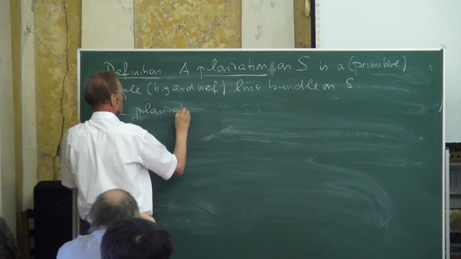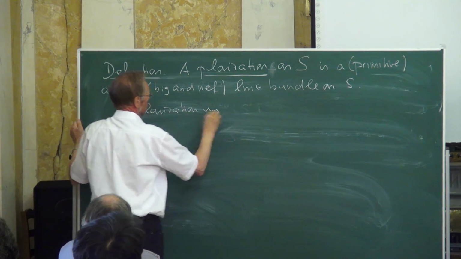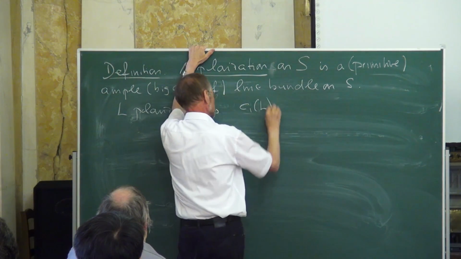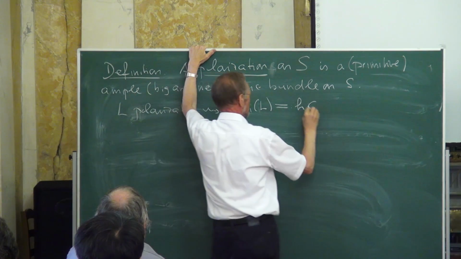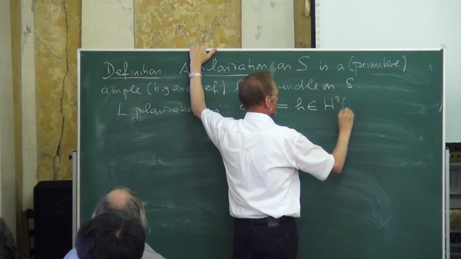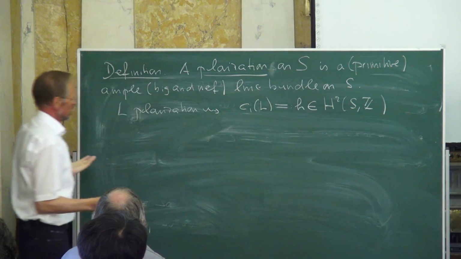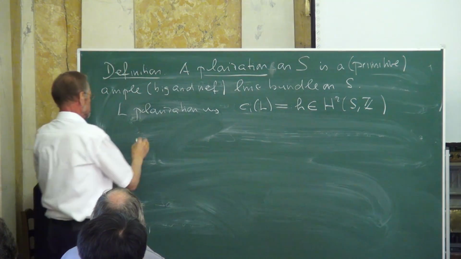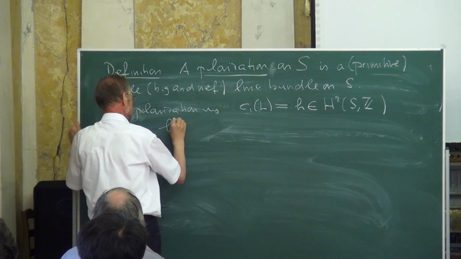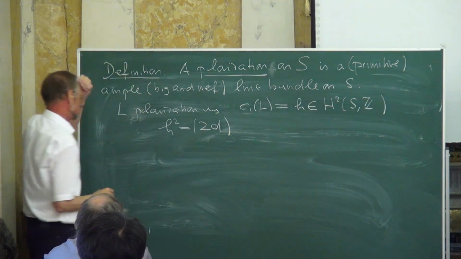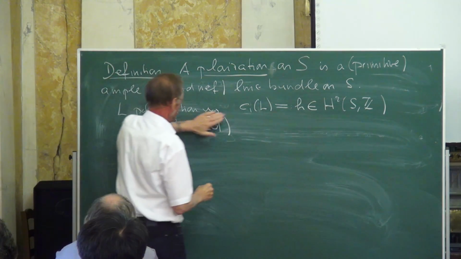Now, if I have such a polarization, so I have a line bundle, and that has a first Chern class, and call that H. And that is an element in H^2(S,Z). Yeah? So I can look at the degree of this. So H squared, and this is an even lattice, so this is always an even number.